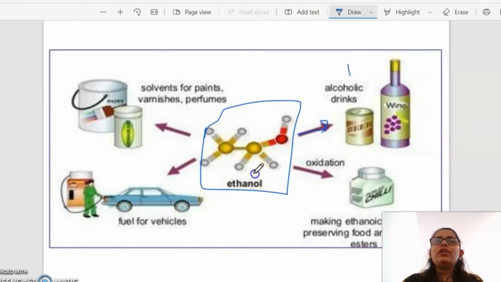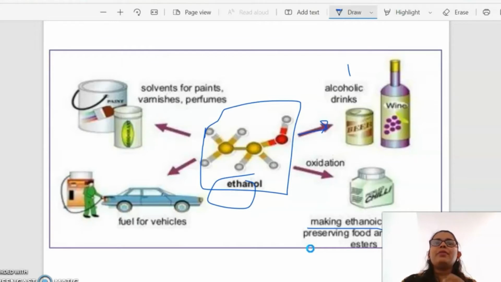If ethanol is oxidized, it will get converted into ethanoic acid, for preserving food and making esters. Okay, it is also used for preservation purposes. So you can write in the exam that ethanol can be used as a preservative if it is oxidized and converted into ethanoic acid.